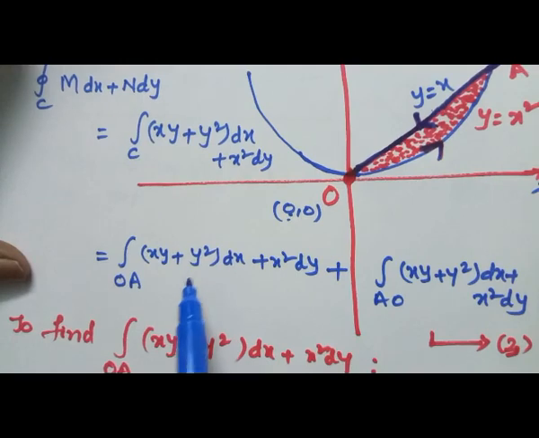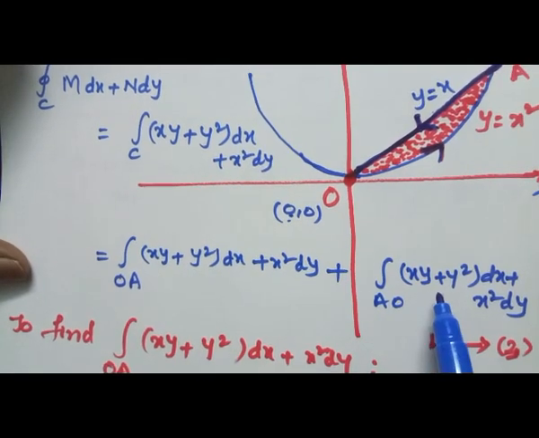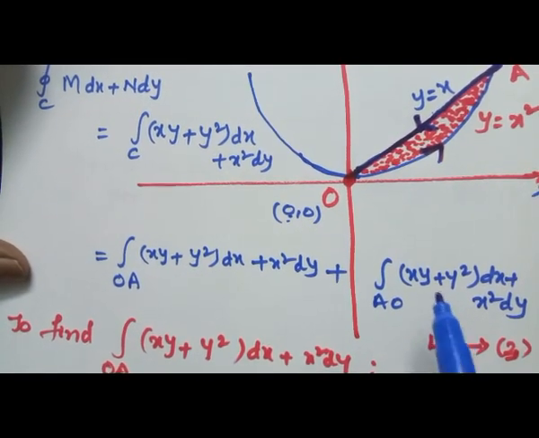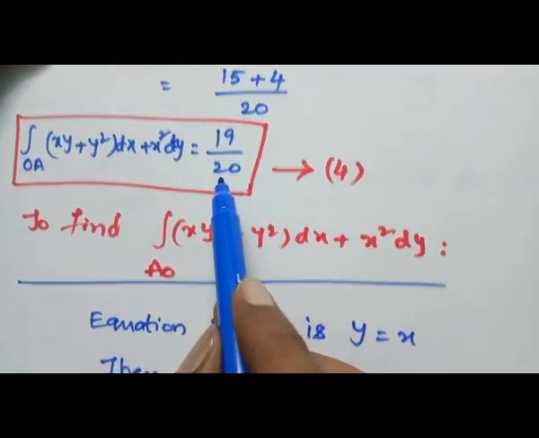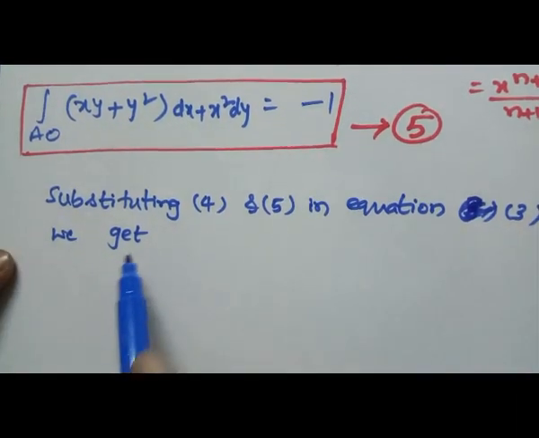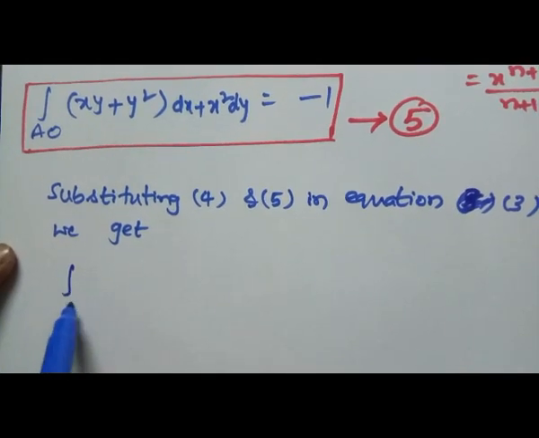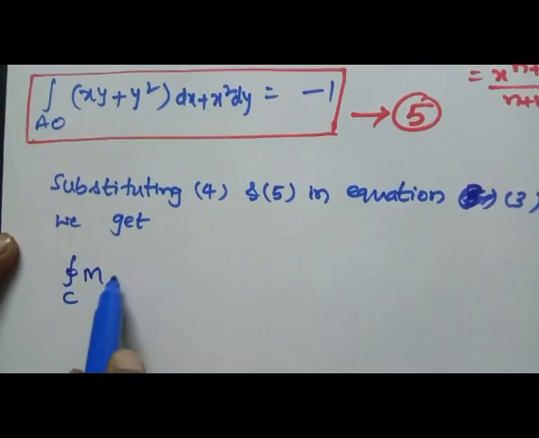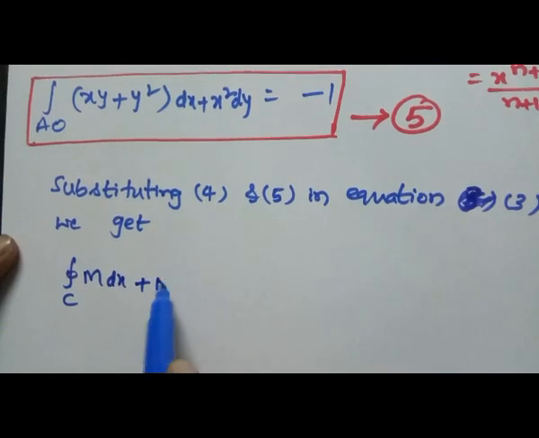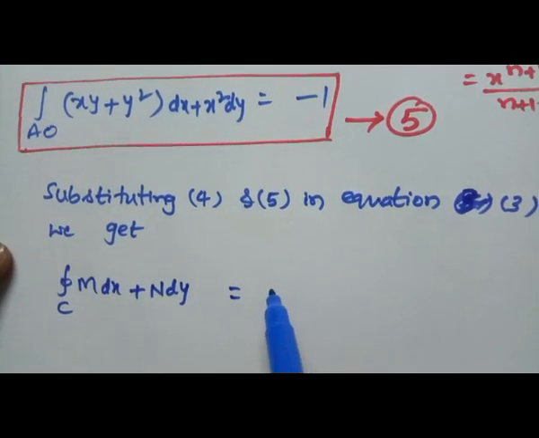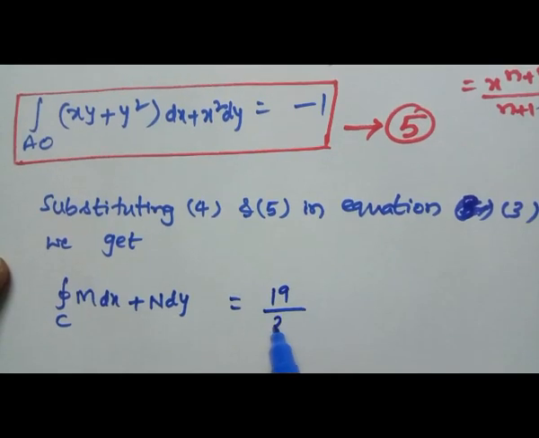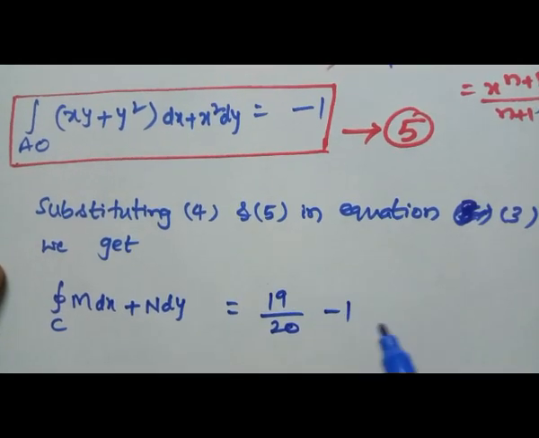From equation number 4 we have 19 by 20 and from equation number 5 we have minus 1. Therefore the integral over C of M dx plus N dy is equal to 19 by 20 minus 1.